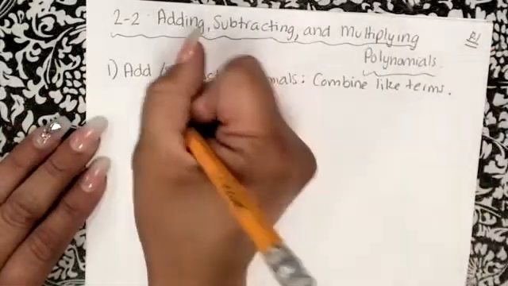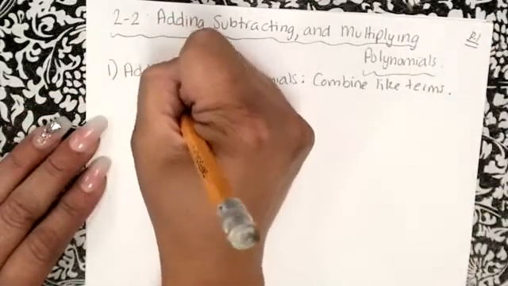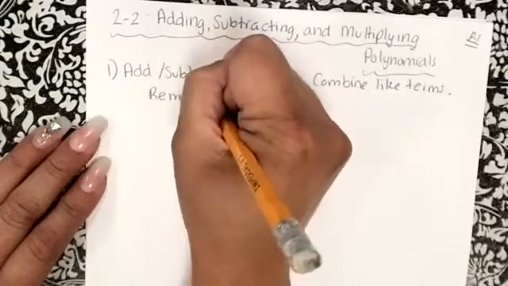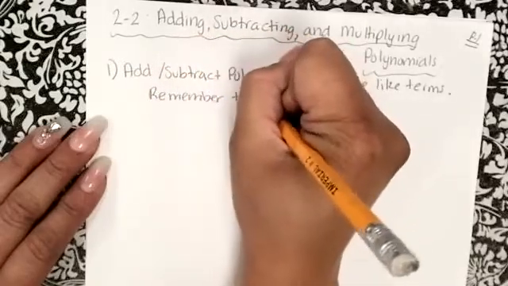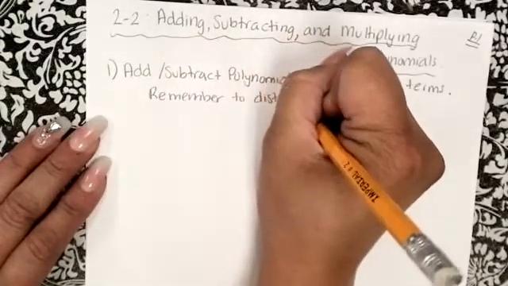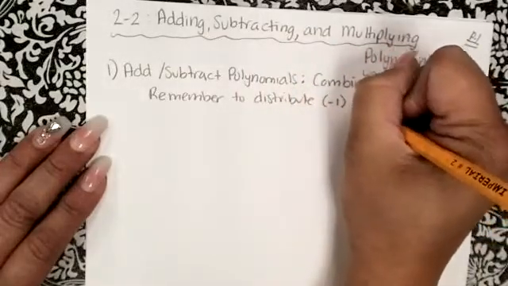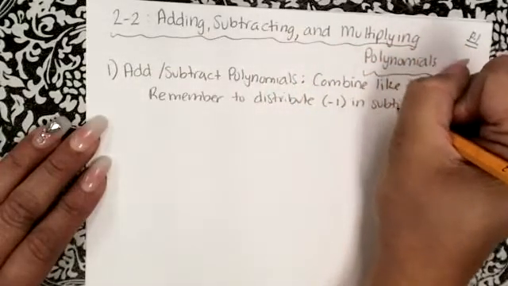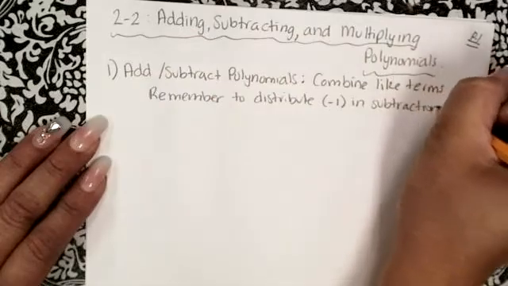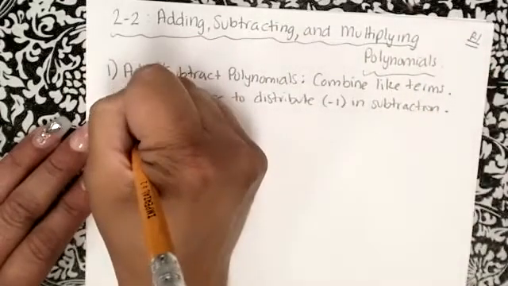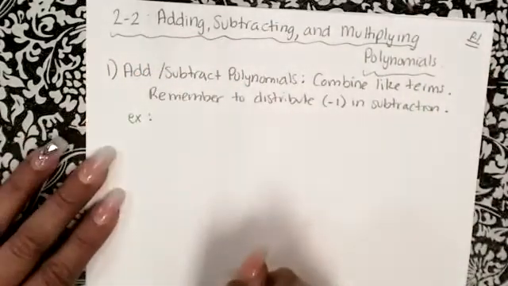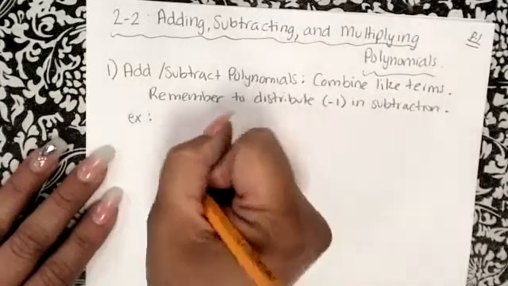Now remember to distribute the negative in the subtraction. We're going to start off with some examples.